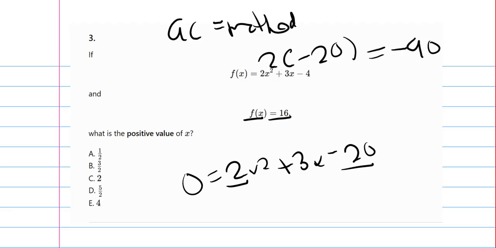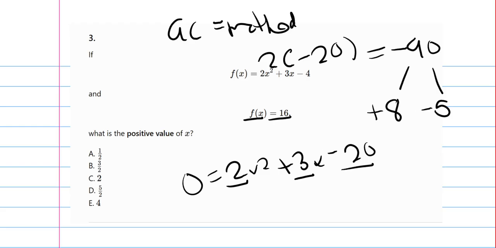Now we're going to search for two numbers that add up to 3 but multiply to negative 40. Always remember that. That would be 8 and 5, but which would be the positive? Since the middle term is positive 3x, that would be positive 8 and negative 5.